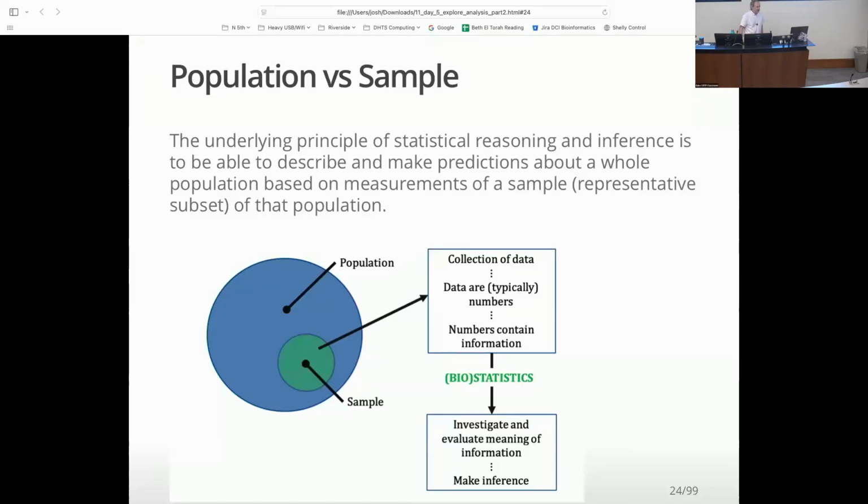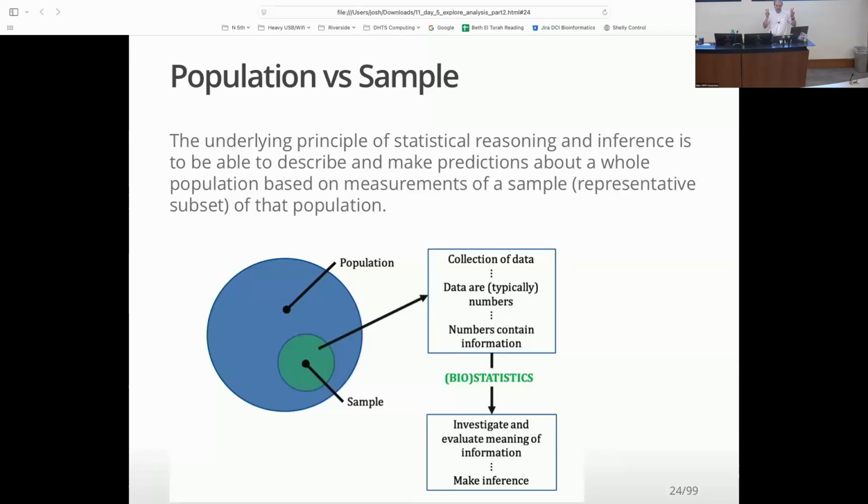And we need to think about the difference between a population and a sample. So there's a driving principle in statistics that we want to describe and make predictions about a population based on measurements of a sample.